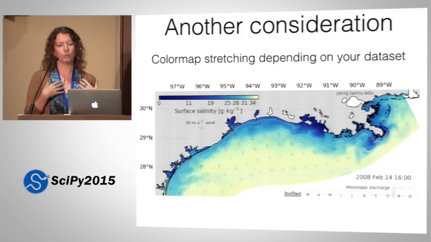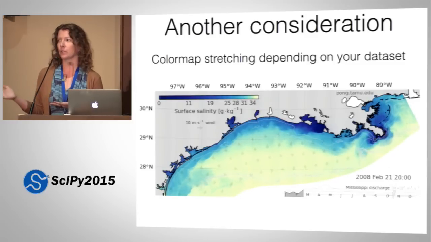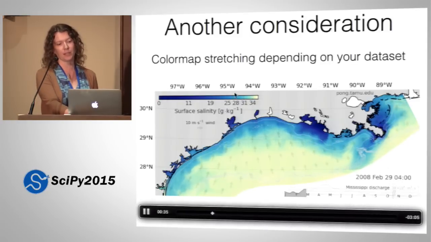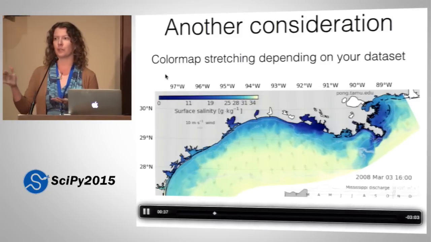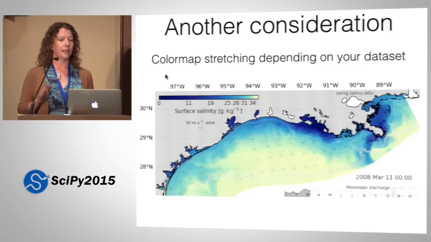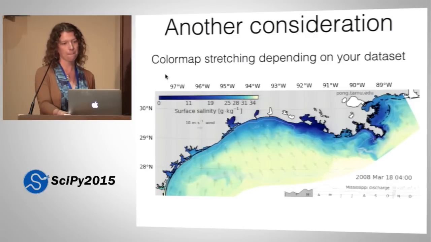So in order to visualize the river plume area as well as possible and show as much of those gradients as possible, I've stretched the color map here with a log scale, and so we can see these gradients through the river plume better. So if you have a reason to change your color map, there's something you can do to adjust it as needed.